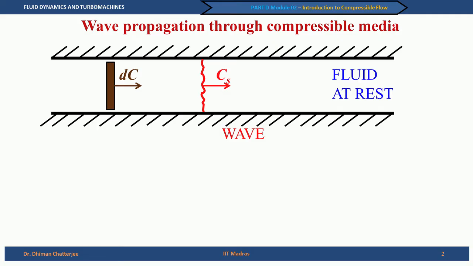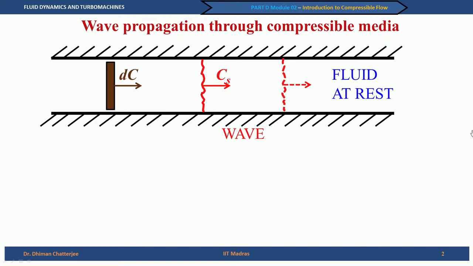And you can see that the fluid to the left of this wave, this region as shown here, is already under the influence of the motion, whereas the fluid to the right is actually at rest even at this instant. At the next instant you can see that this wave would have come to some other location.